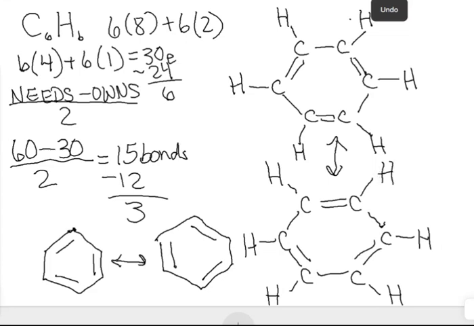So this is how you indicate resonance here with this double arrow and drawing both structures, one in the beginning of the arrow, one on the end of the arrow.